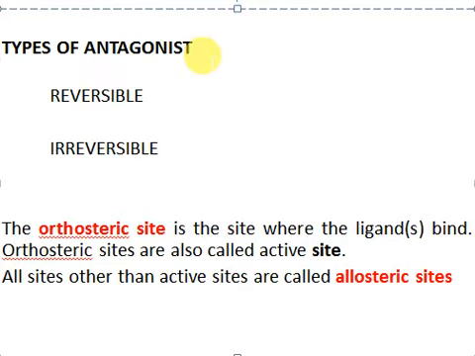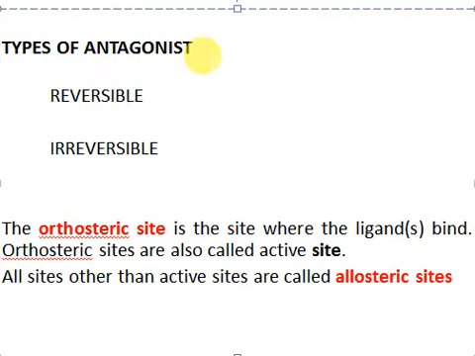Before understanding what a reversible antagonist or an irreversible antagonist is, it's important for you to know about the orthosteric site and the allosteric site. The orthosteric site is the place where the ligand normally binds. We normally call the orthosteric site the active site.